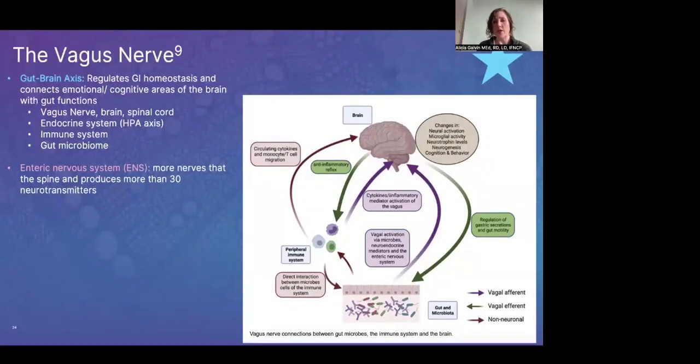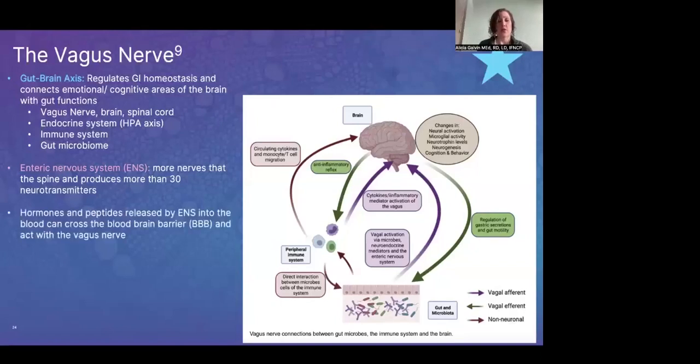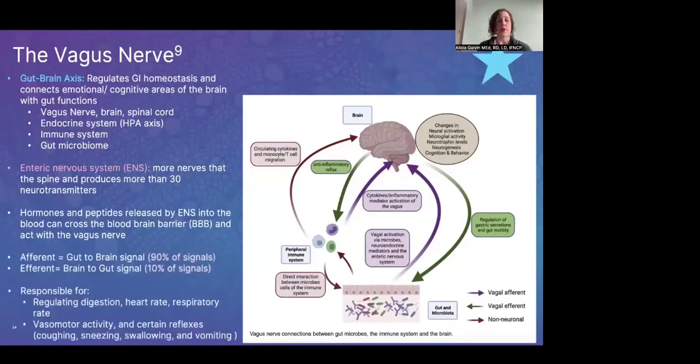So things like serotonin and GABA, acetylcholine, there are neurotransmitters that are made in the brain that are also made in the gut. And these hormones and various peptides that the enteric nervous system creates, some of them, the neurotransmitters themselves, not all of them can cross through the blood-brain barrier, but some of the various peptides and hormones and other byproducts can, and they then interact with the vagus nerve.